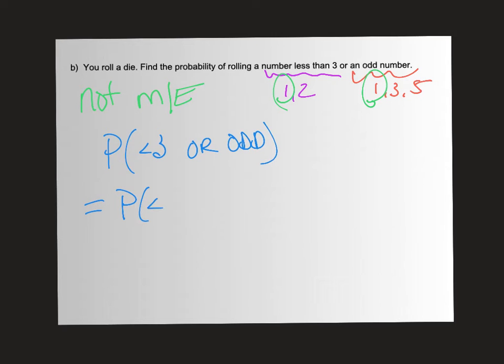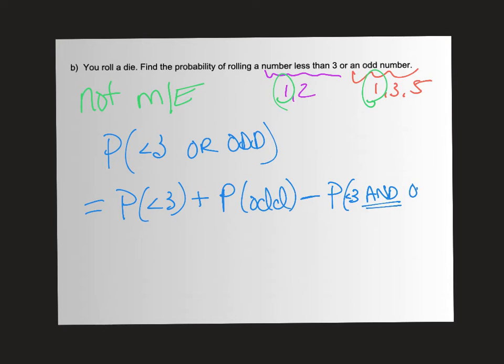So probability of less than 3 plus the probability of odd minus the probability that it is less than 3 and odd. Okay? So we'll just do it one fraction at a time, and it's not too bad.